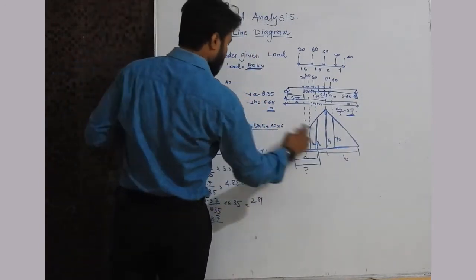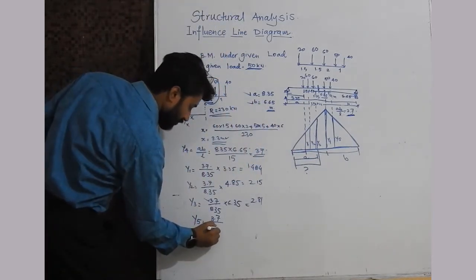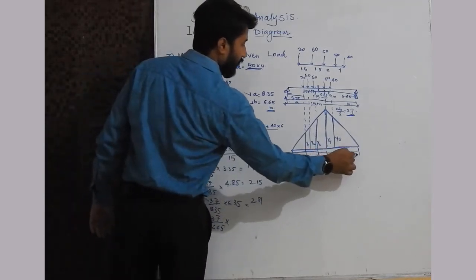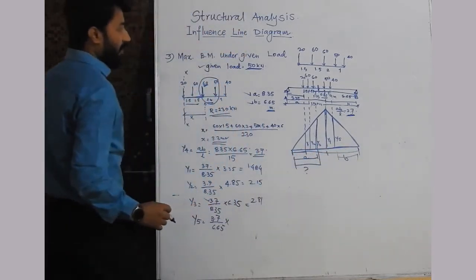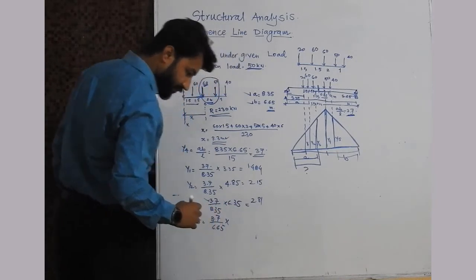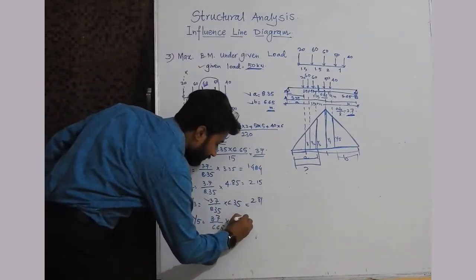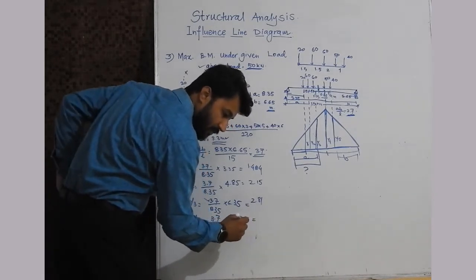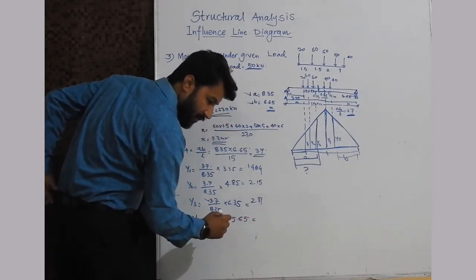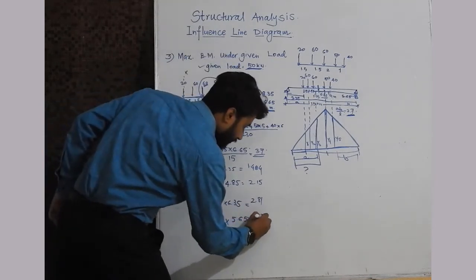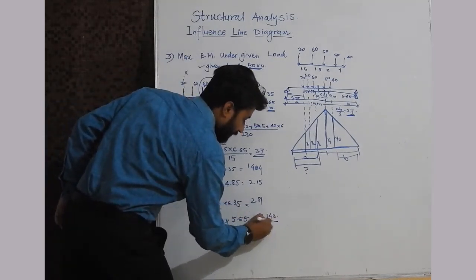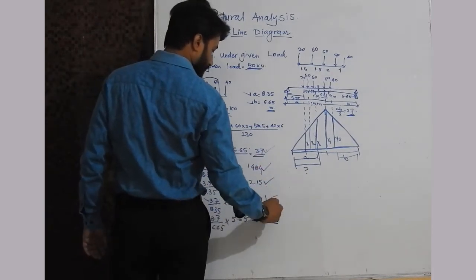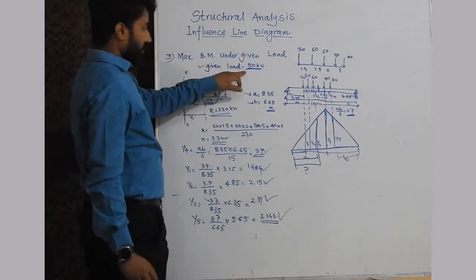This B portion is 6.65, multiplied with this y5 distance, which is 5.65. The y5 value we are getting as 3.143.